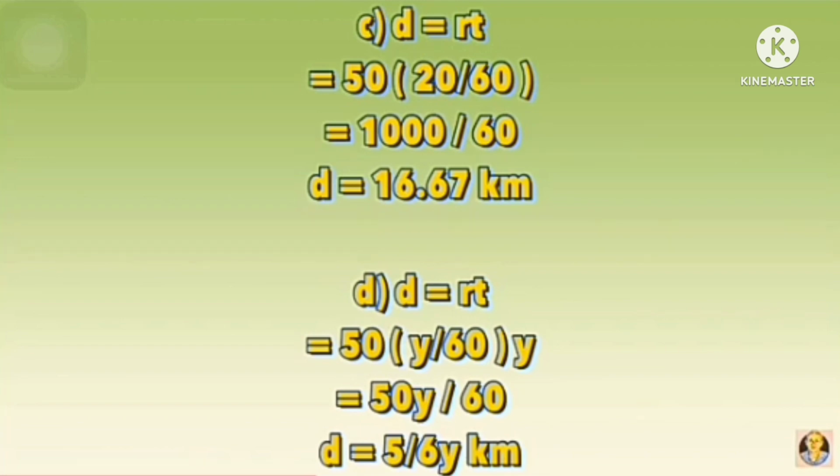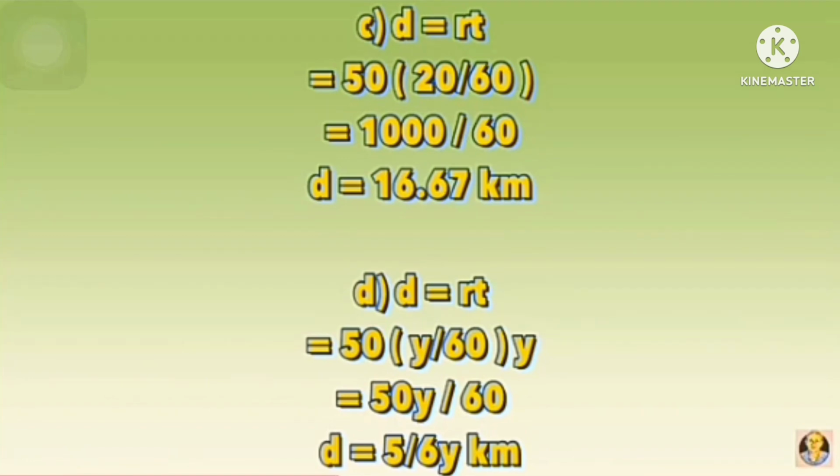To simplify, 50 times 20 divided by 60, we have 1000 divided by 60, which is 16.67 kilometers covered in letter C. Letter D, we use the same formula.